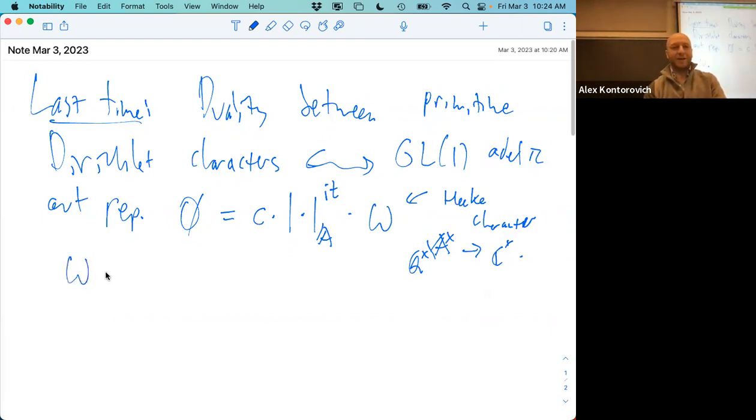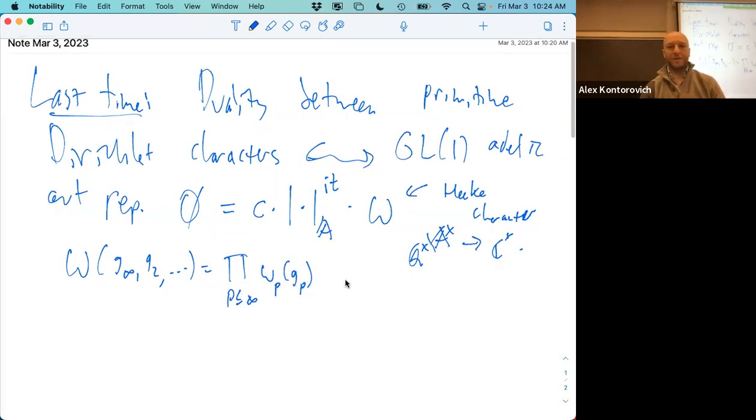Omega of G infinity, G2, and so on, factors into a product of local factors, G_p. Omega infinity of G infinity is either 1 or the sign of G infinity.